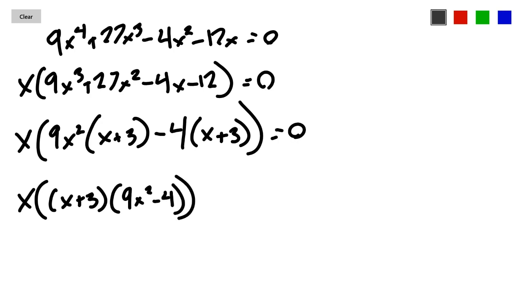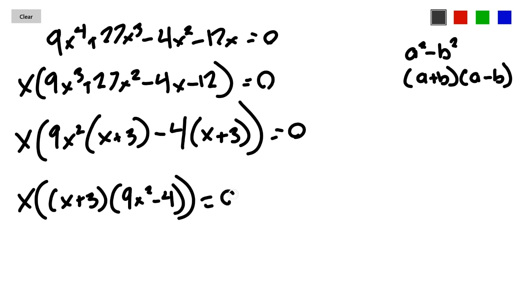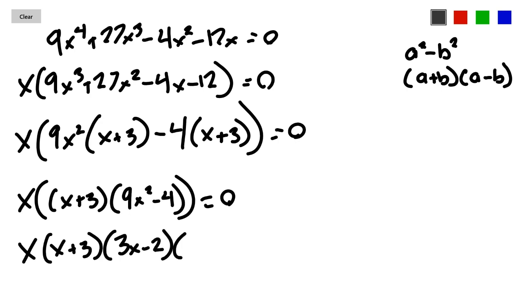So 9x squared minus 4 has the form of a squared minus b squared, which is a difference of two squares, and that factors as a conjugate. So you have a plus b times a minus b here. So what I have is x times x plus 3 times 3x minus 2 times 3x plus 2.